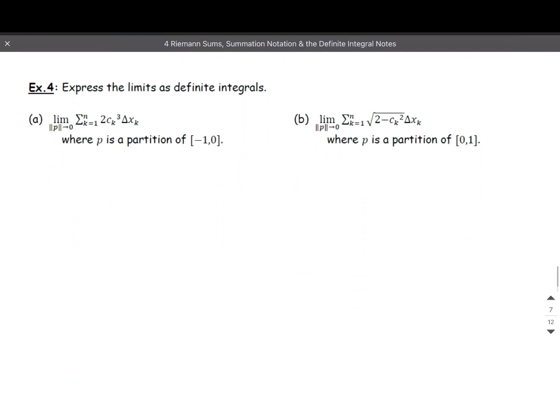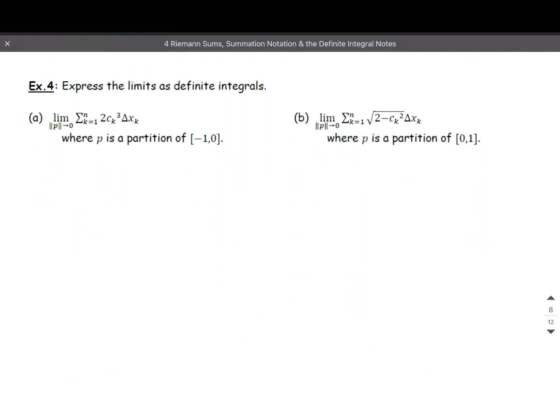Now, we're going to start with some easy ones. We're going to express the limits as definite integrals. So here's the limit of the norm of the partition goes to 0 of the summation as k goes from 1 to n of 2c sub k cubed delta x sub k. So now remember, when we write this as an integral, we go from a to b, and that's the length of our intervals. So the integral from -1 to 0.